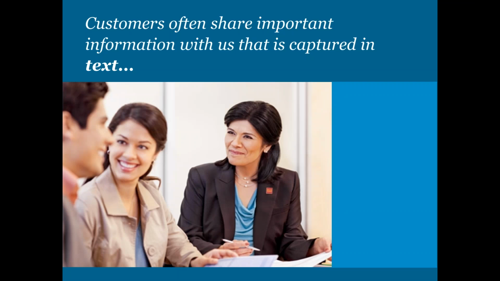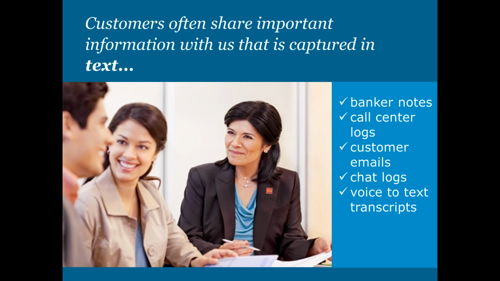So customers often share important information with companies through their call centers that's ultimately captured in text: bankers' notes, call center logs, customer emails, chat logs, voice-to-text transcripts. This can be captured for quality assurance, social media.